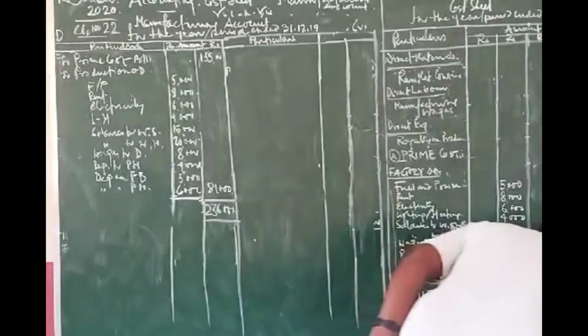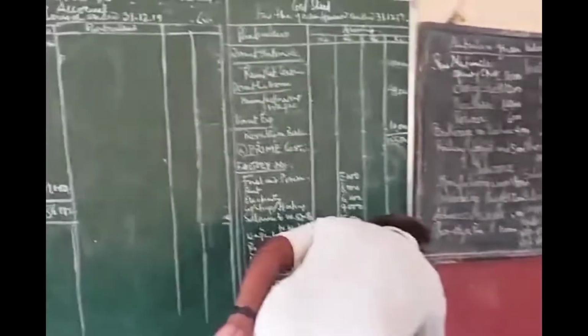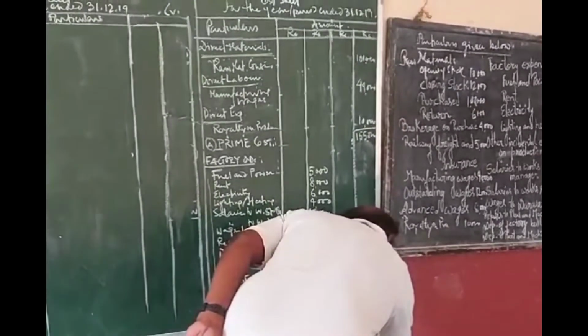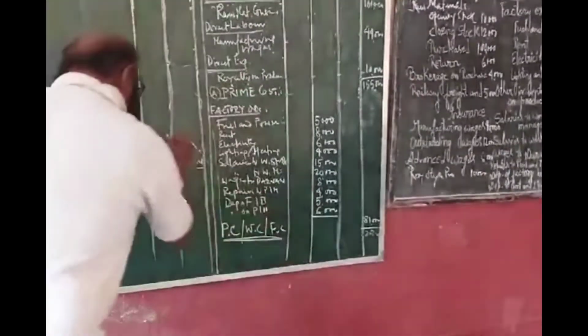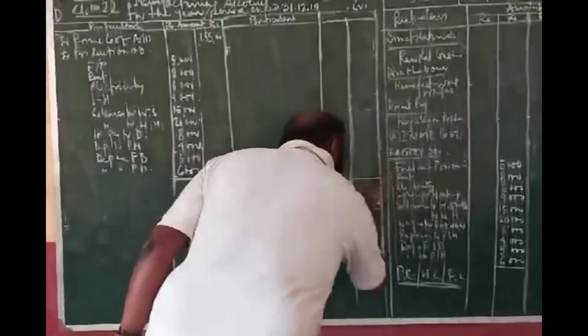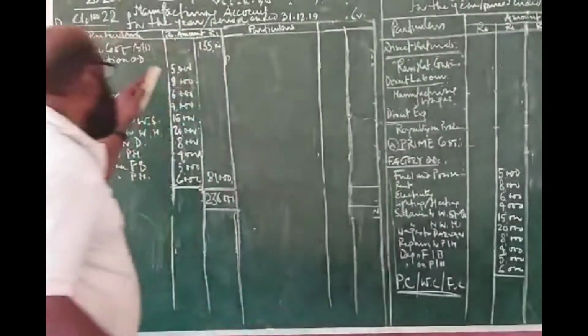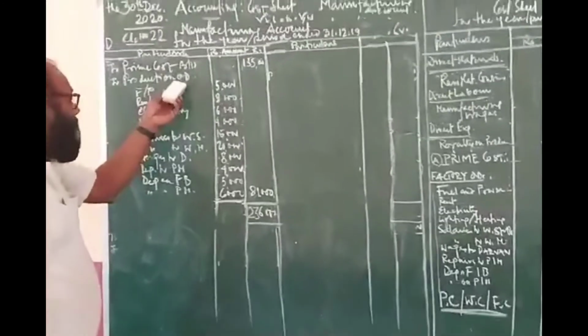Here also it is 2,36,000. Yes. Now this is our prime cost and production overhead.